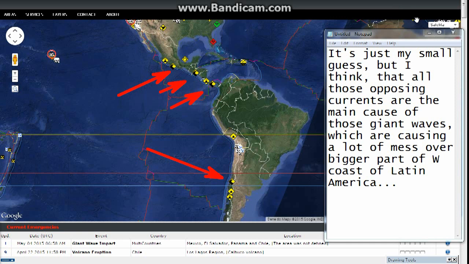It's just my small guess, but I think that all those opposing currents are the main cause of those giant waves, which are causing a lot of mess over bigger part of western coast of Latin America.